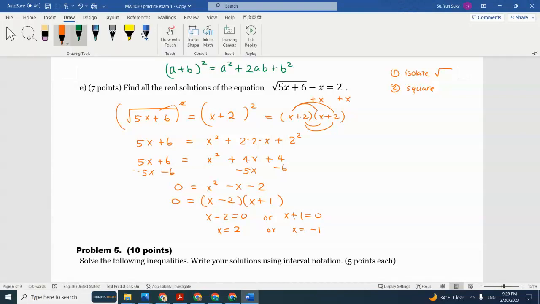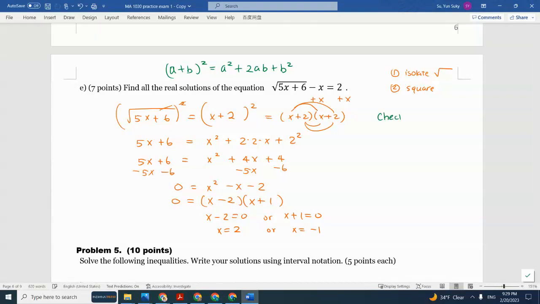For radical expression, you need to check, which means we want to plug in the original equation. So let's check x equals 2. Square root of 5 times x, x is 2, plus 6 minus x, x is 2.